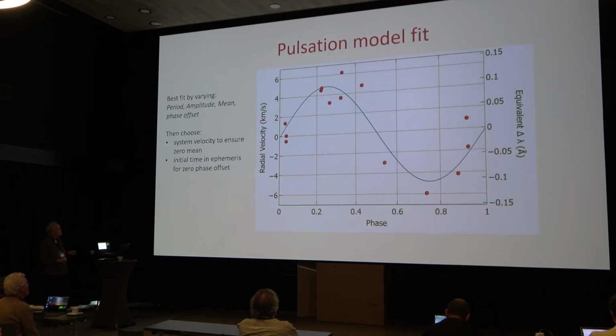So here are the radial velocities with orbital components subtracted, where I fitted a sinusoidal curve. I'm varying the period, the amplitude, the mean, and the phase offset, but then I'm choosing the system velocity to ensure 0 mean, and the initial time in the ephemeris so that the curve starts at 0, 0 here.